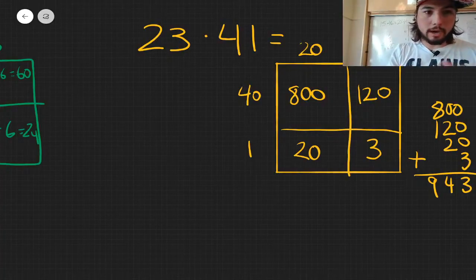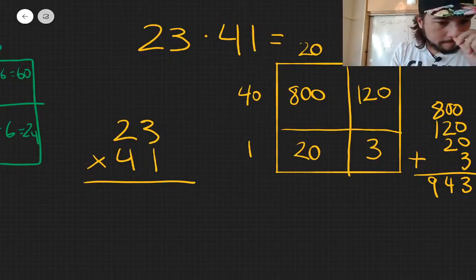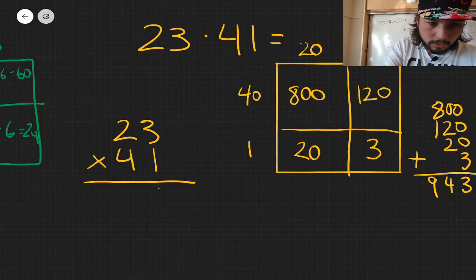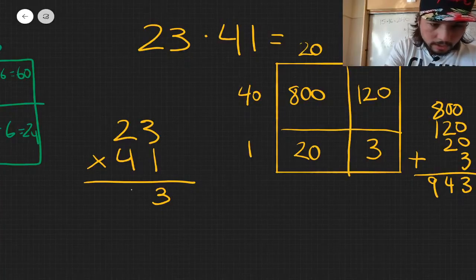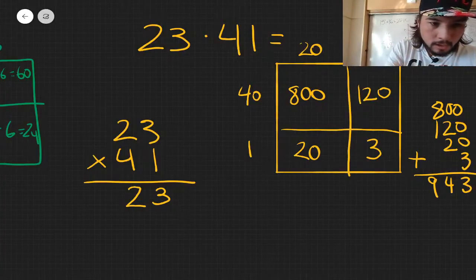Now let's try it with my uncomfortable strategy. 23 times 41. First thing I'm going to do is multiply the ones by the ones. So 1 times 3 is 3. And then 1 times 20 is 20. I'm just going to put them all together. 23 times 1 is 23. So that makes sense.